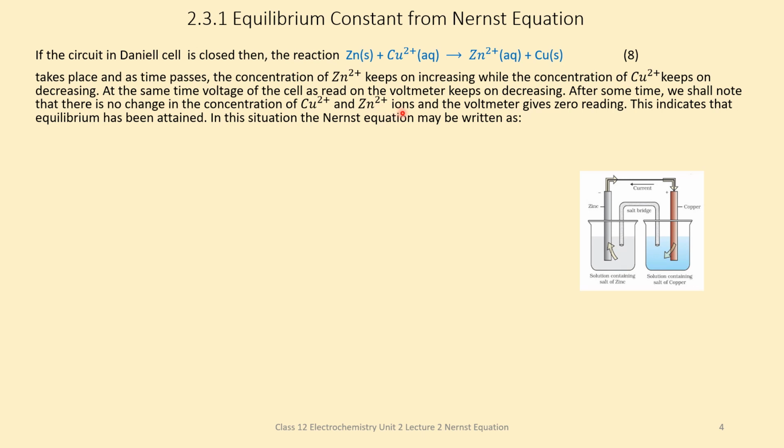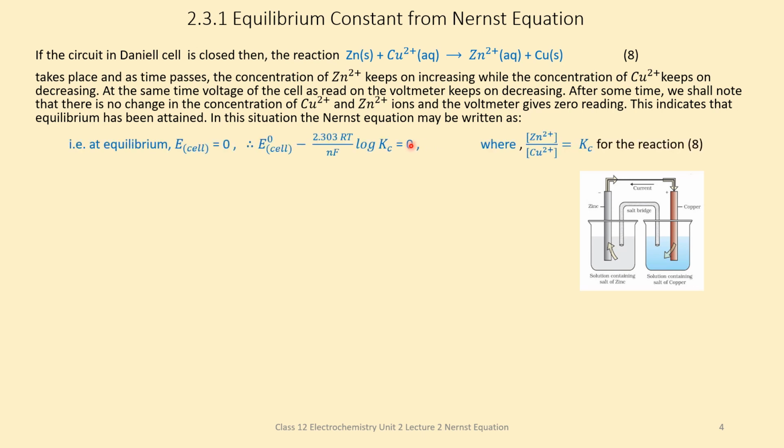Then the voltmeter will read 0, which indicates that equilibrium has been attained. In this situation, at equilibrium, E of cell is equal to 0.